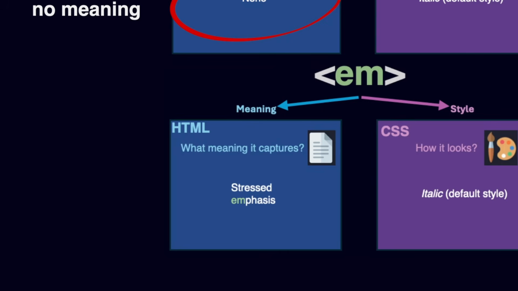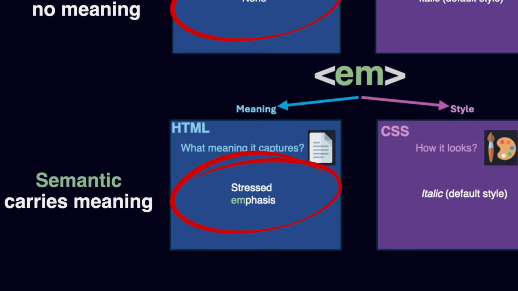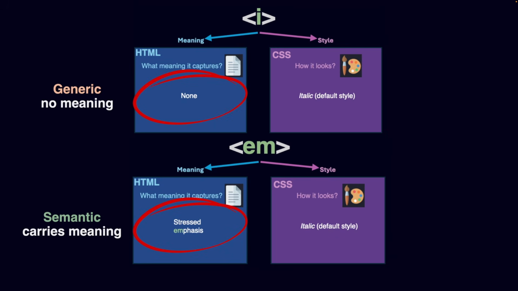Then we have the EM tag, which stands for emphasis, and the meaning it captures is that the content inside this tag needs to be emphasized. We'll see an example of that shortly. So this is an example of a semantic tag because it carries the meaning. And the style of this content, by default, is italic as well. So we see the same pattern, this time using two different tags. Let me show you an example in the browser.